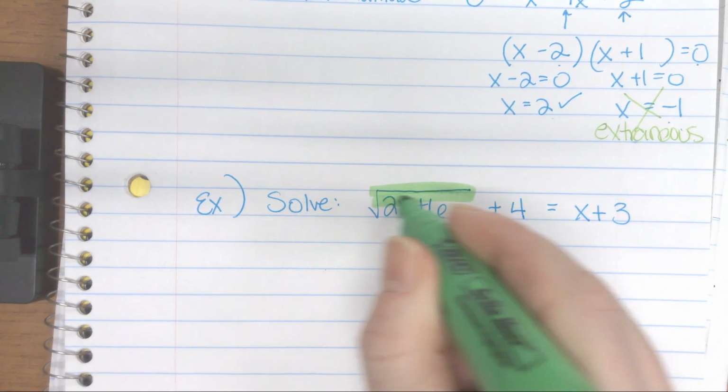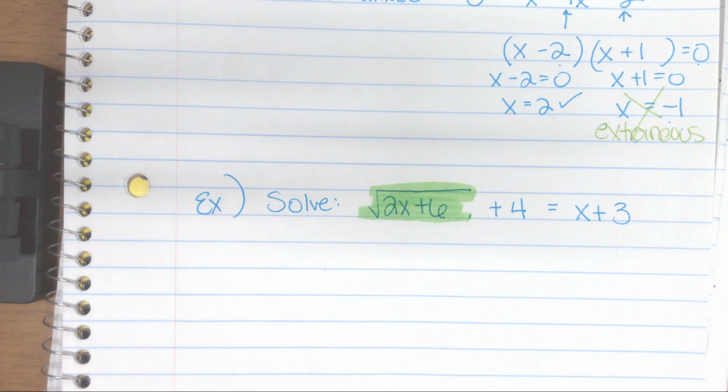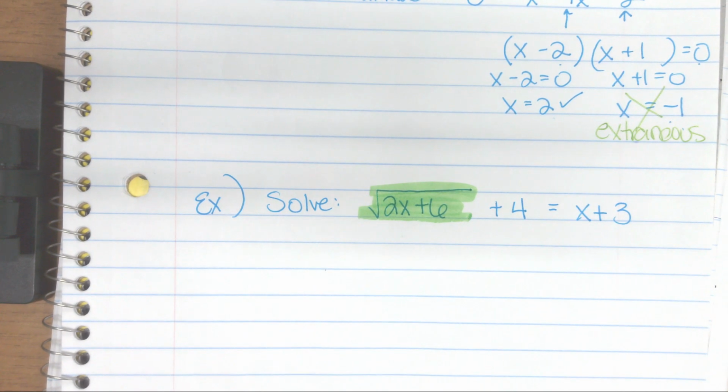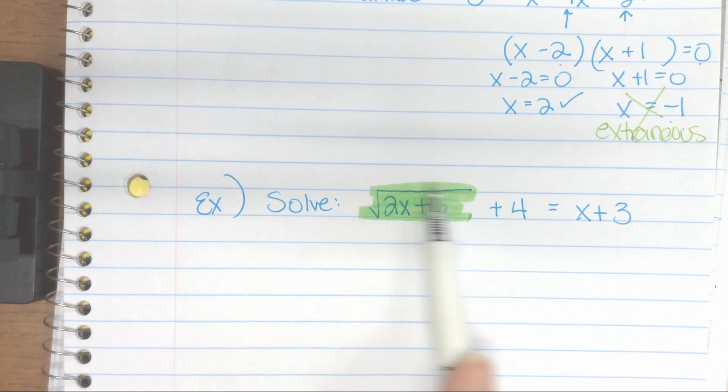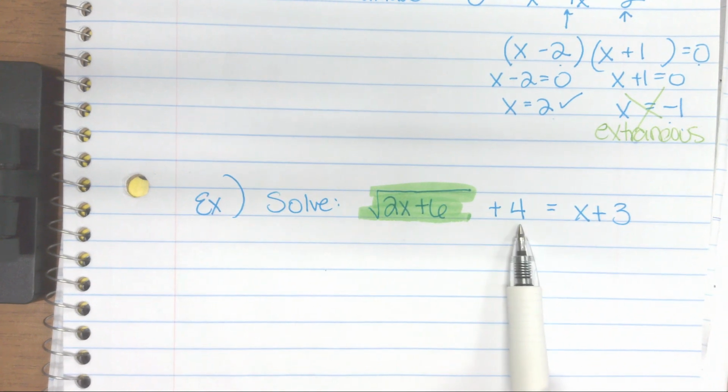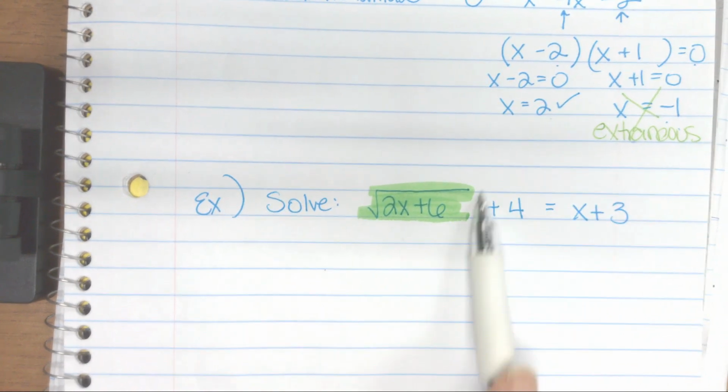Reminder, this is my square root, okay? And we want to isolate that square root. Isolate means it needs to be alone on that side. Is it alone? No. And I know it's tempting to try to put this with this, but you can't, because this is under the square root and this is not. I need to move this to the other side. So I'm going to do that.